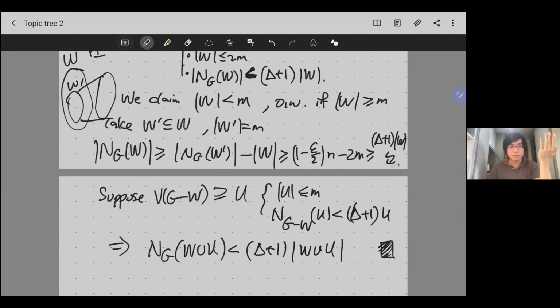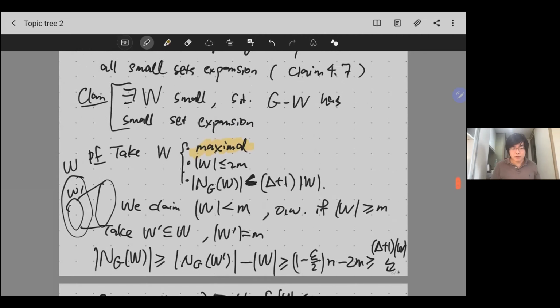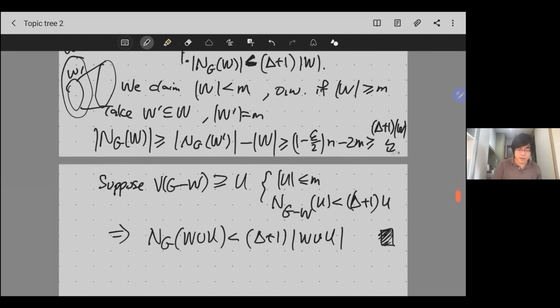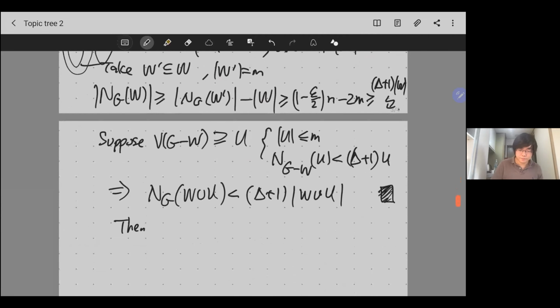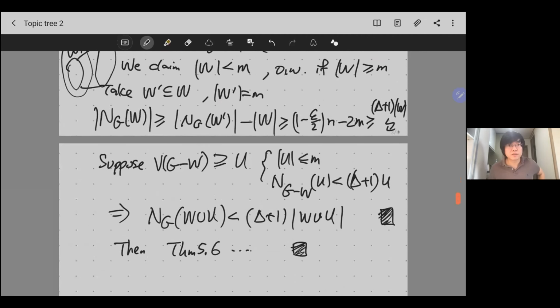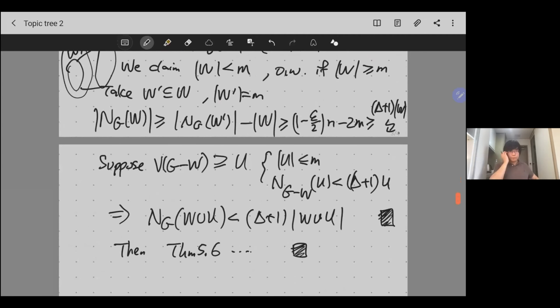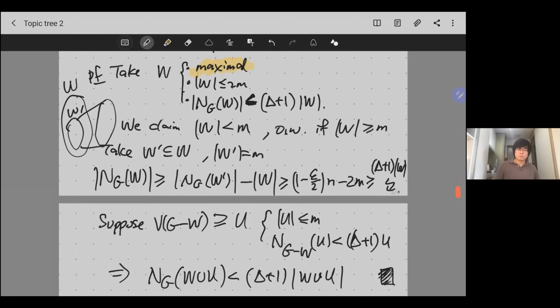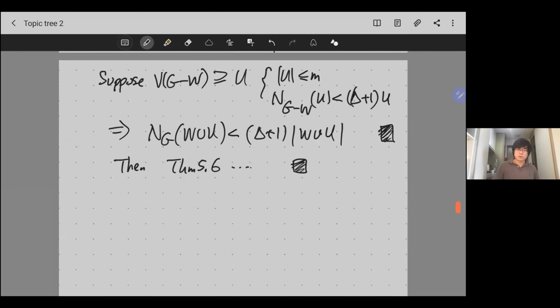All right, then the rest is just by applying 5.6. I will skip the detail. Okay, a direct application of 5.6. We verified the hypothesis there. Good. I hope this is fine. I try to skip some boring details.